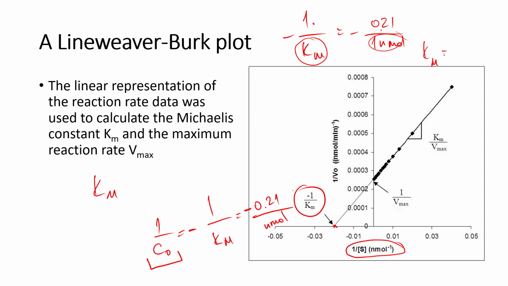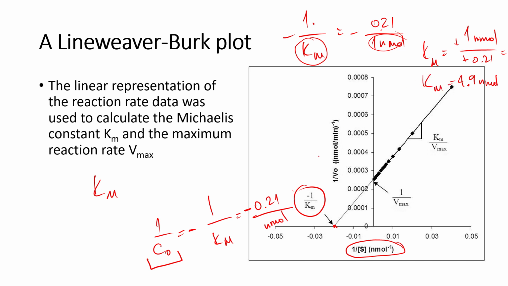So Km would be equal to minus 1 nanomole divided by minus 0.21. Of course, these minuses cancel each other, and we are left with about 4.9-ish, or a little less than that, nanomoles. So it is our Michaelis constant.